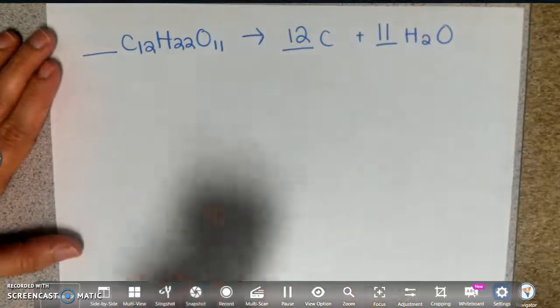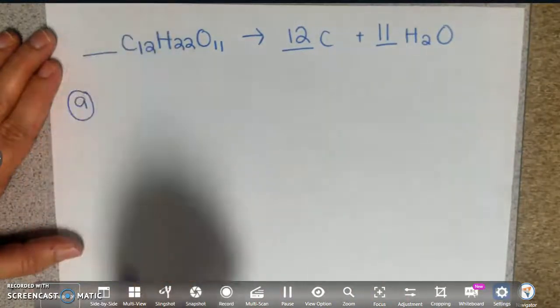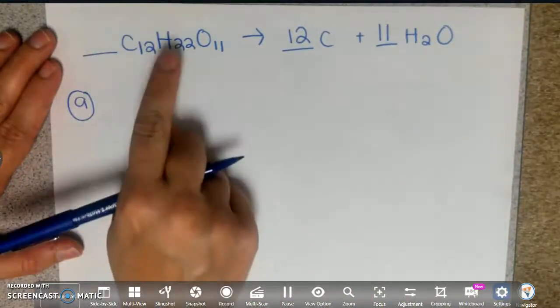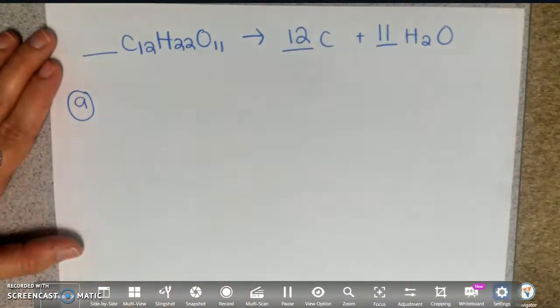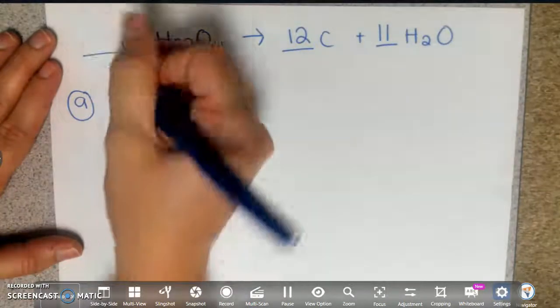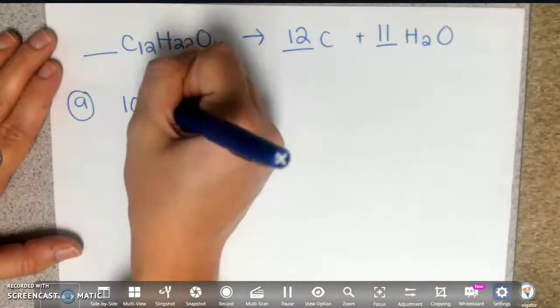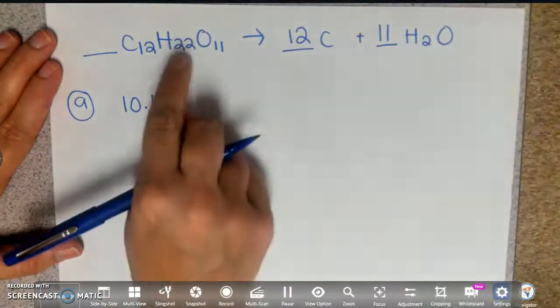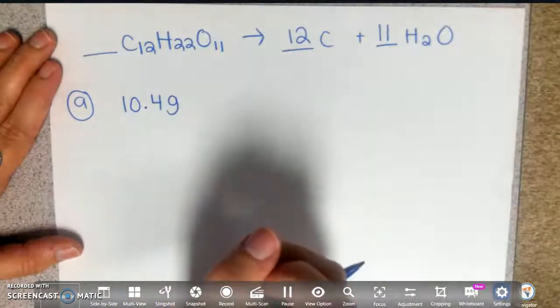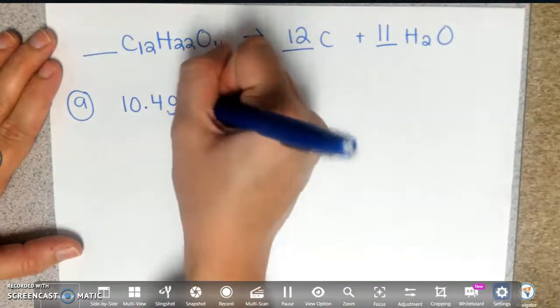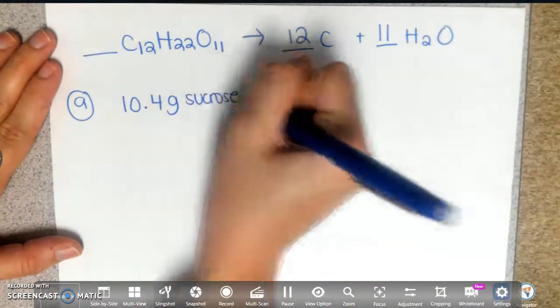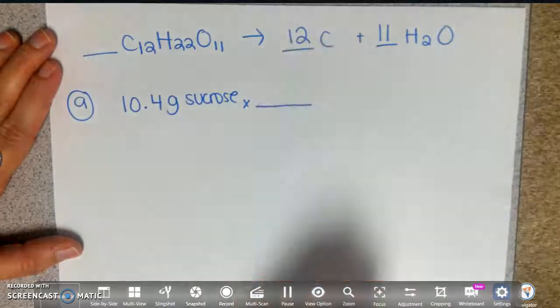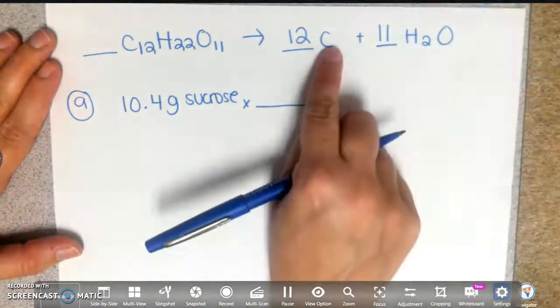Okay, so 3A. If you have 10.4 grams of sucrose, which is this, how many grams of carbon will be produced? Start with the number given, 10.4 grams, and you can write sucrose or you can write that. I'm going to write sucrose because I think it's easier to write. And I want to solve for grams of carbon.